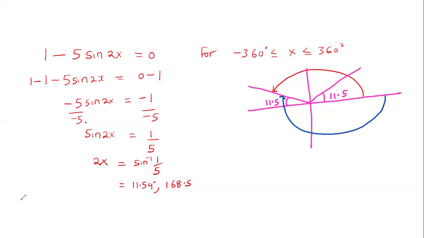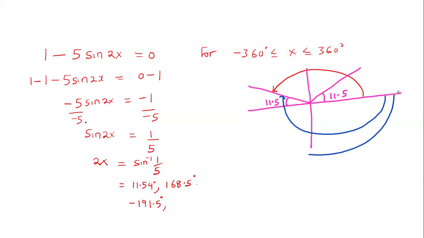When we reach there, we get the angle. Let me calculate: 180 plus 11.5, we shall get negative 191.5.